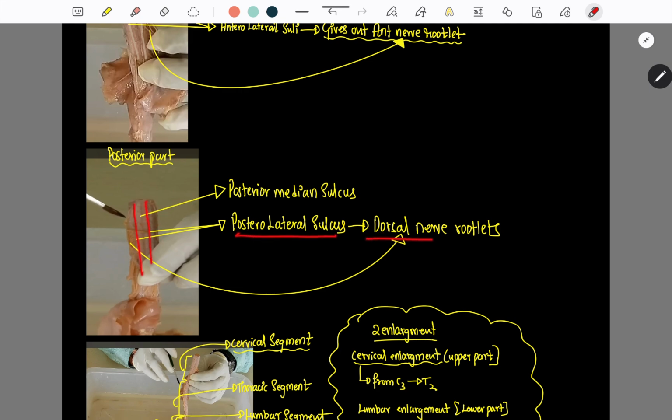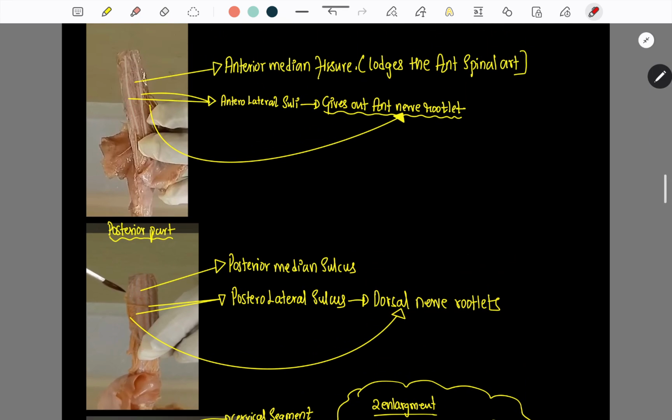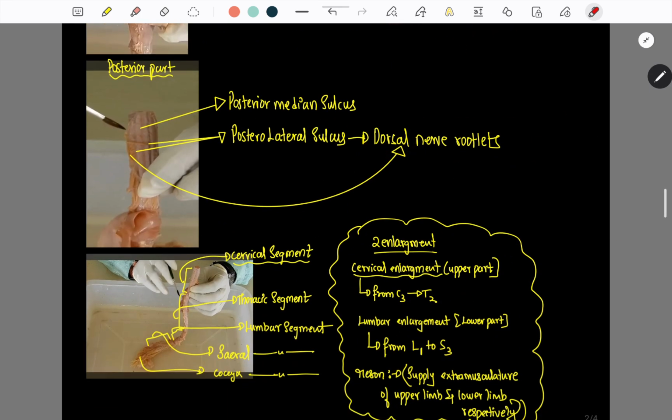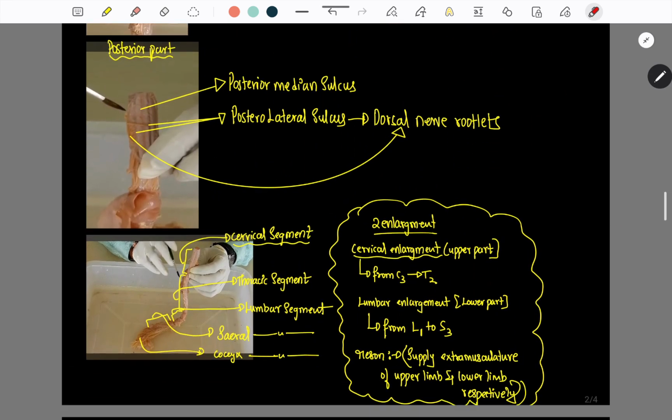Here, dorsal nerve rootlets. There, anterior nerve rootlets. Anterior is also called ventral. Ventral nerve rootlets, dorsal or posterior nerve rootlets. You understood? Okay.